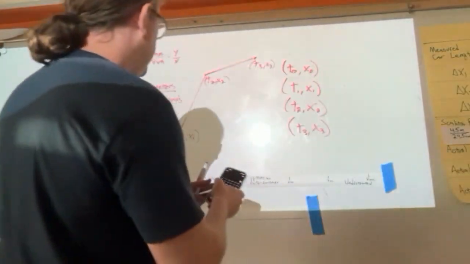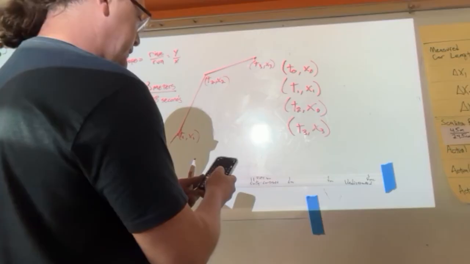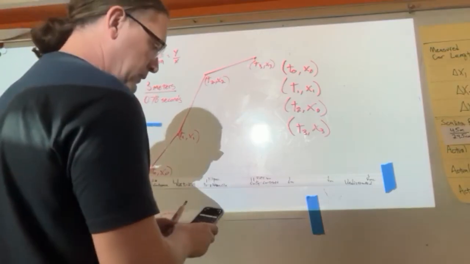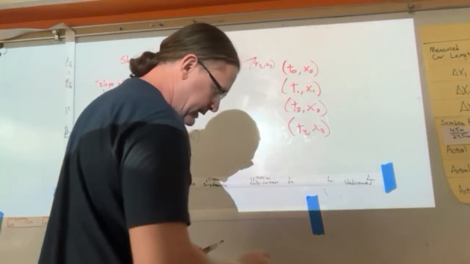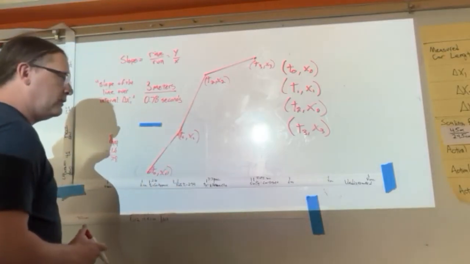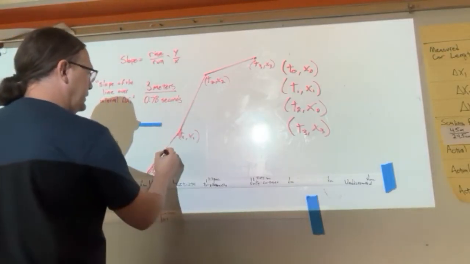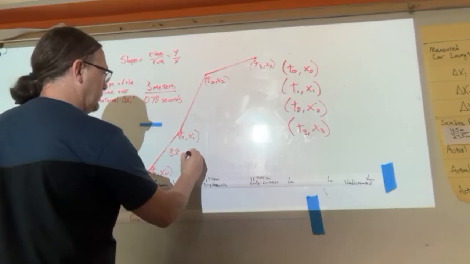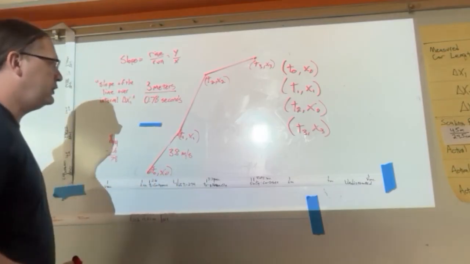So with my calculator, 3 divided by 0.78, we should get something about 3.8 meters per second as the speed of the car.